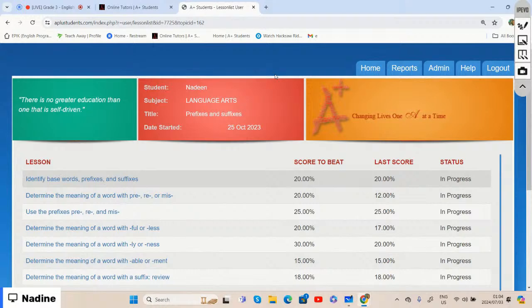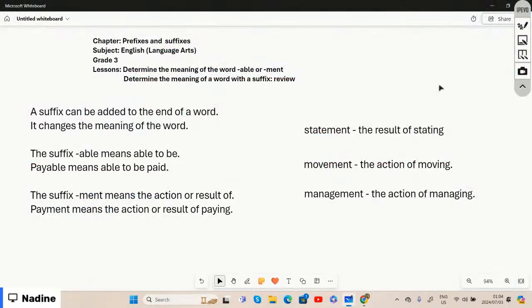All right. So our chapter is prefixes and suffixes. Our subject is English language arts, grade 3.